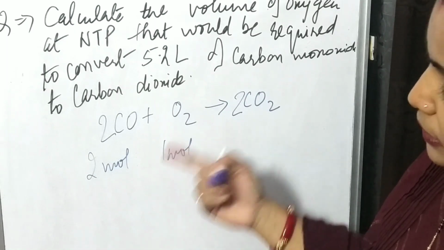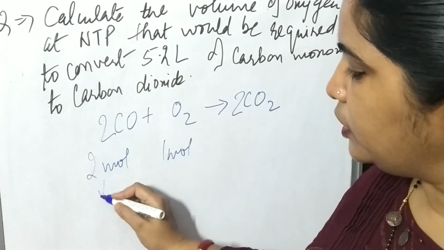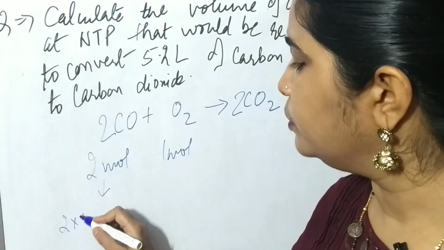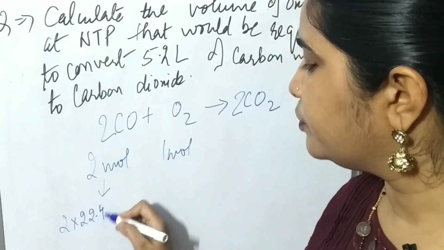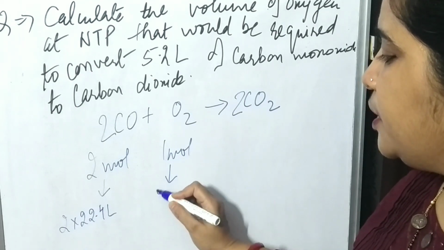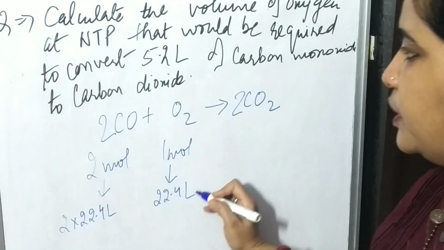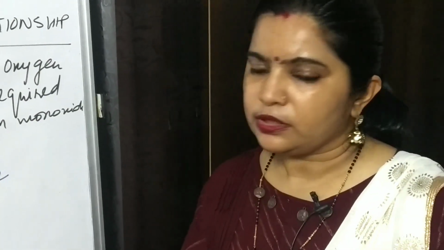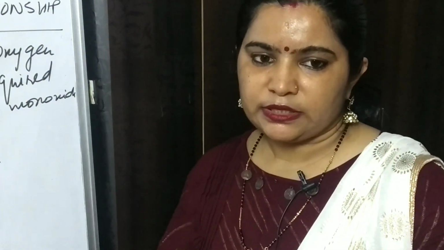In terms of volume at NTP, it will be 2 into 22.4 liters of CO and 22.4 liters of oxygen. Now they are asking you to calculate the volume of oxygen.